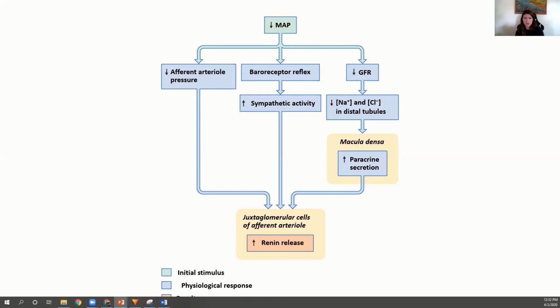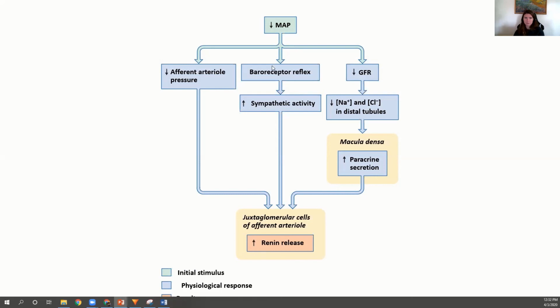So if we see a drop in mean arterial pressure, a drop in mean arterial pressure affects the pressure of the afferent arteriole directly because it's just another part of the cardiovascular system. That's where we'd see a drop in our arterial pressure, which means that we'd release renin from the juxtaglomerular cells or granular cells in the afferent arteriole.